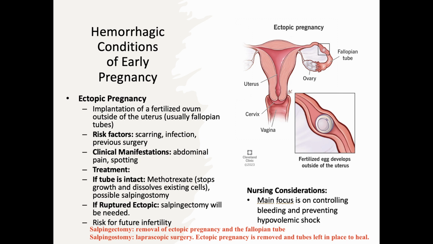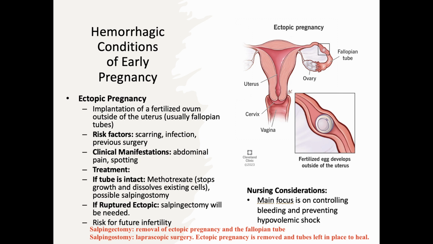Our treatment really depends on if that fallopian tube is still intact or did it rupture, right? So if it ruptures, that's a bigger emergency than if it's still intact. If the tube is intact, we can try to give them methotrexate, which will basically end the pregnancy, right? Stop the growth and dissolve what was already there.